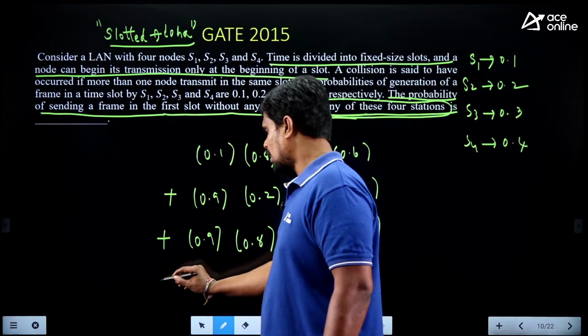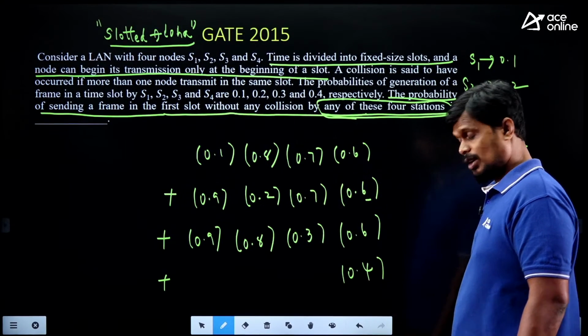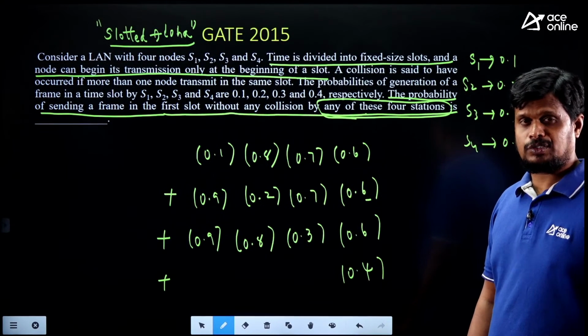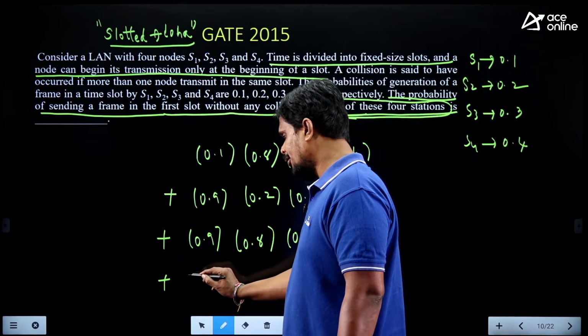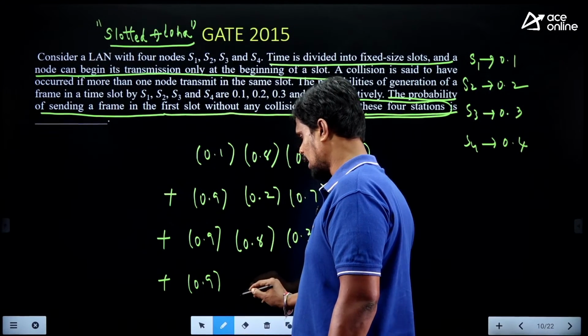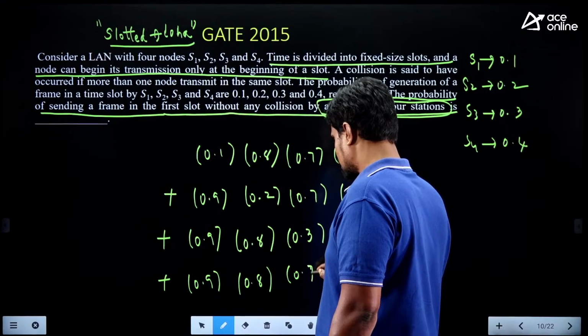Then we have the last station, that is S4. S4 is allowed, 0.4 is the probability, but the remaining 3 stations are not allowed to transmit a frame, so 0.9, 0.8 and 0.7.